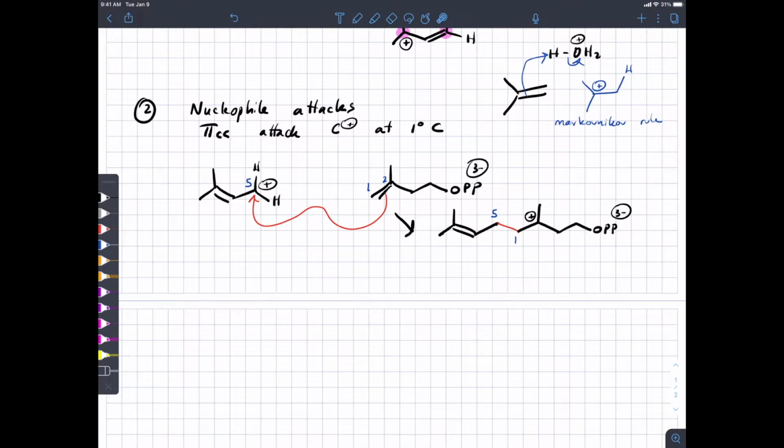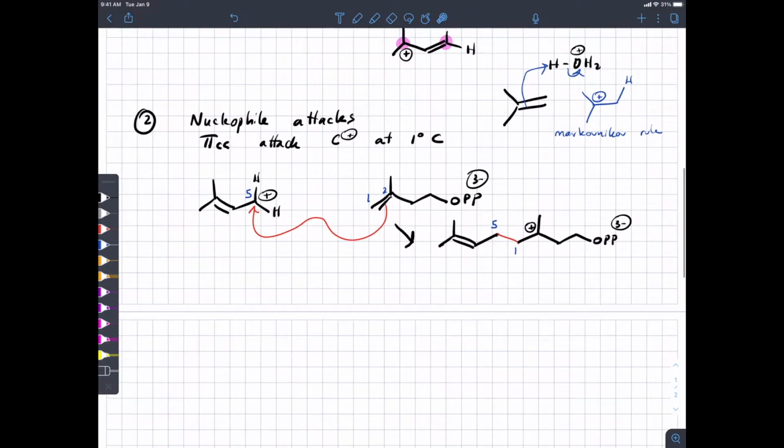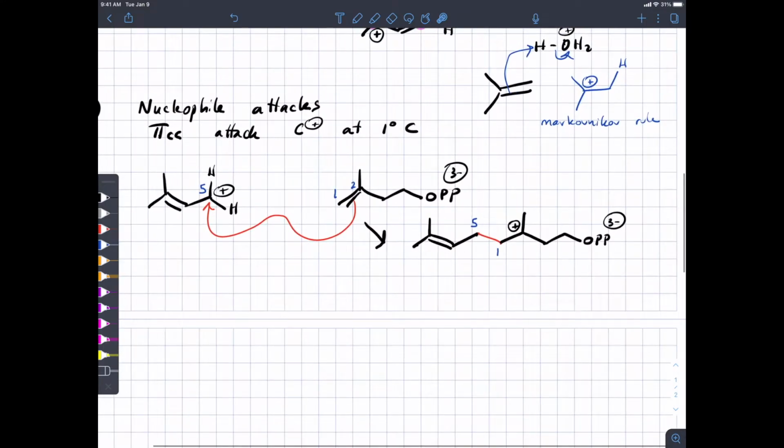Why do we care about the substitution of this carbon? Well, because this is not a resonance stabilized carbocation. It's just a regular old everyday carbocation. Okay, questions about that step? You've seen alkenes attack electrophiles before. You've seen carbocations be attacked by nucleophiles before.